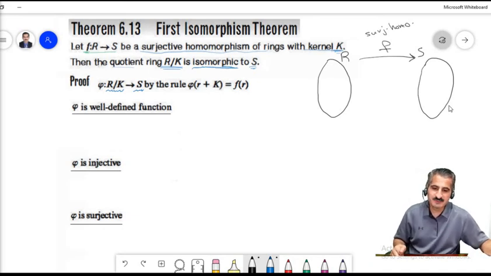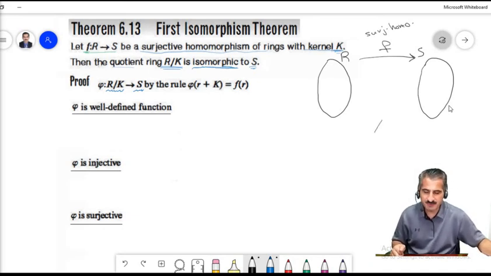Now what's happening here, we will do some movement from R to R over K. And we will call that map pi, because we have already defined such one.